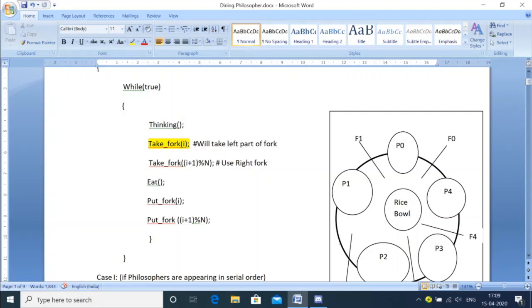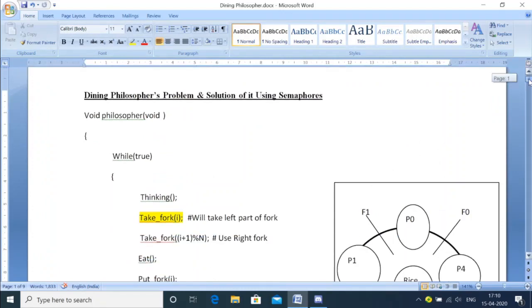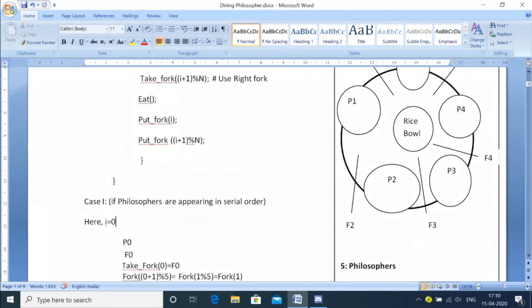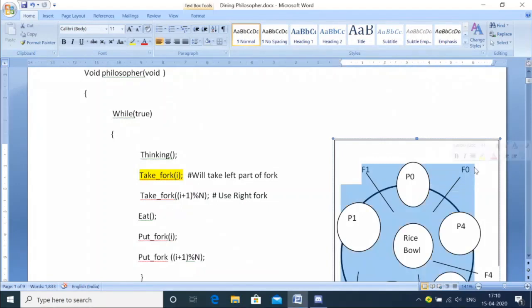Okay, so P1 came. Now, when P1 came, again, it will execute all these lines of code, and it will be entering into which line, let's say here. So it will say take fork I. What will be the value of I here for P1 now? It will be 1. So it will be taking the fork F1. So P0 could take this fork F0, and before it could take F1, some interrupt took place and P1 came in that situation.